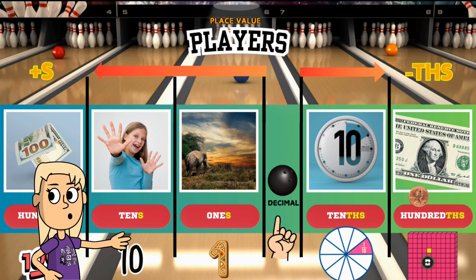And when you come over here and you look at this side, the ones, you see the number 1? It goes in that lane. That could be a number 2 or a number 3. It could be any number between 1 and 9 that goes there. But the moment that it becomes a 10, now I'm over here. This is the tens alley. And let me get out of the way here so you can see the hundreds.